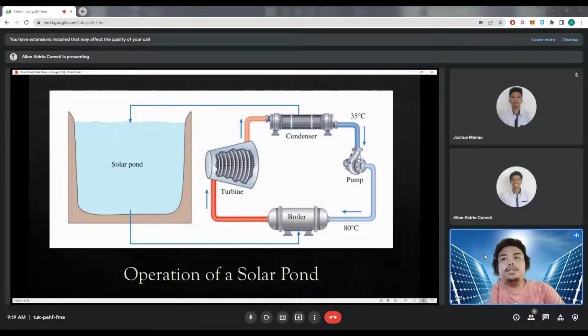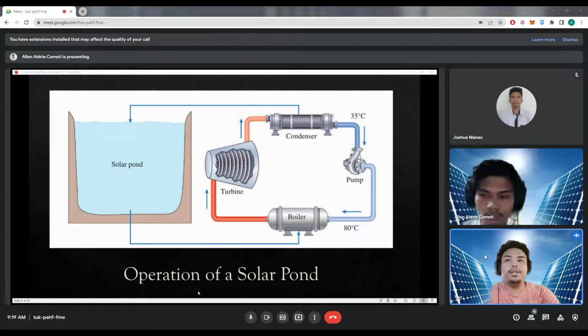Usually salt is placed at the bottom of the pond to prevent the rise of this hot water to the top. A power plant that uses an organic fluid such as alcohol as the working fluid can be operated between the top and bottom portions of the pond.